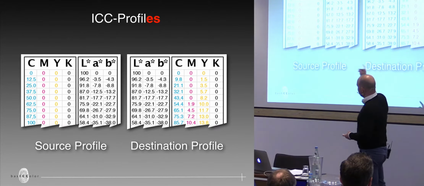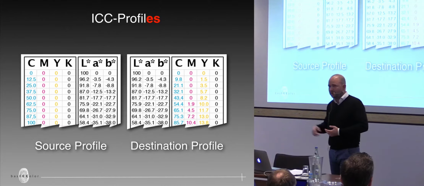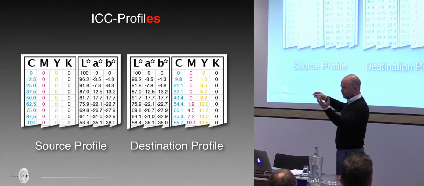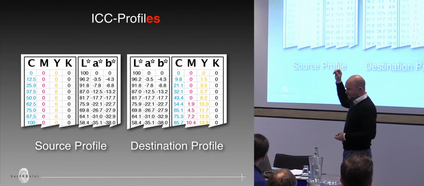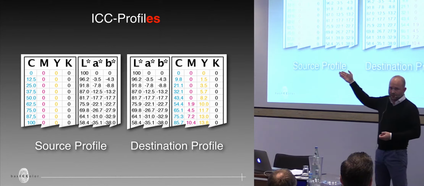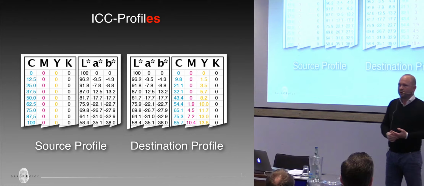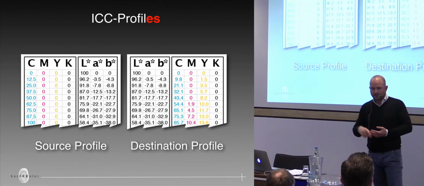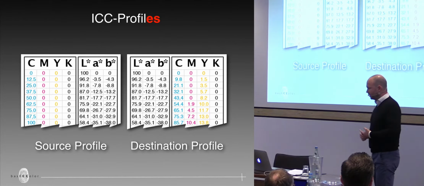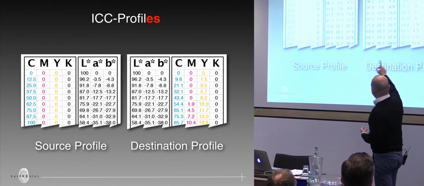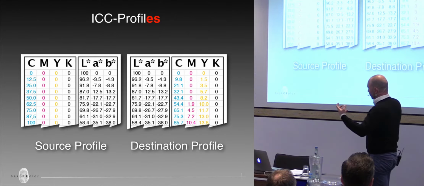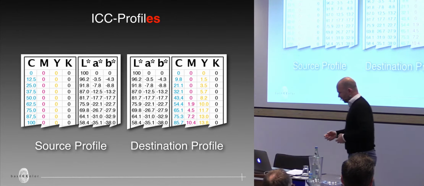And as you see, I have here 2 CMYK profiles. On the left side is the input profile with the device data, it's CMYK. And then the LAB is my so-called profile connection space, PCS, which combines both ICC profiles.